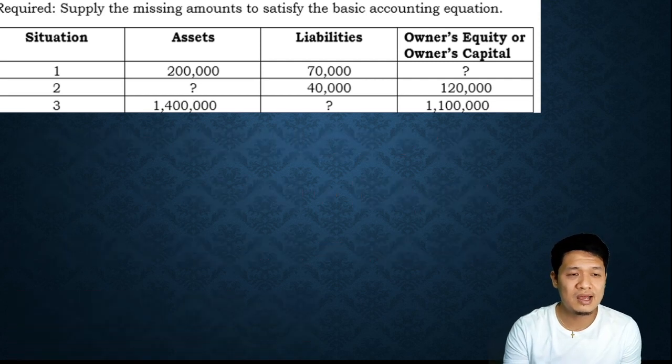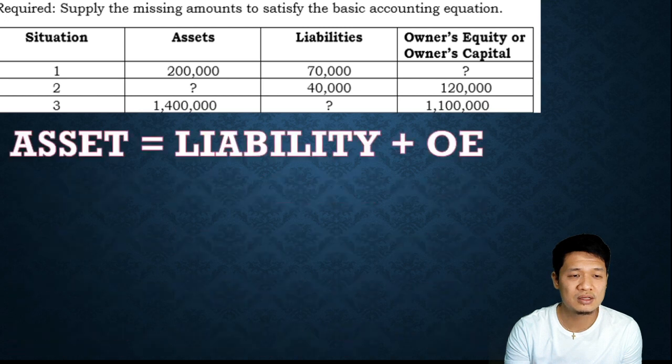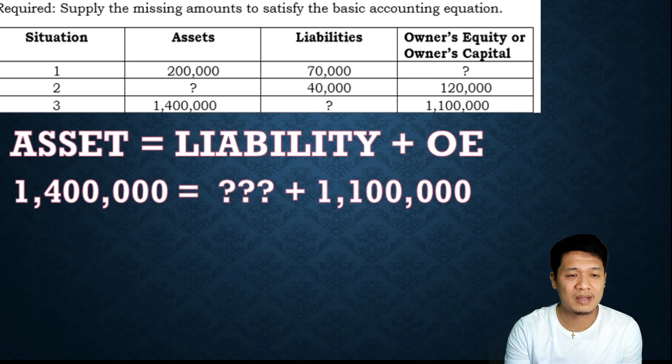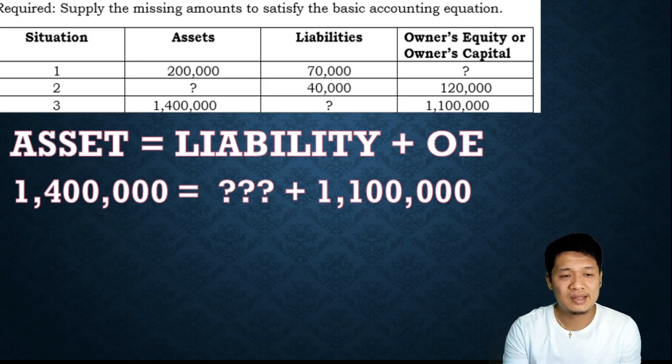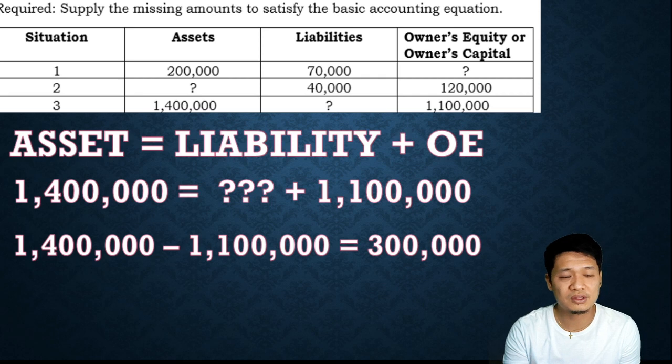And for our last example, this time we have the asset worth 1.4 million. Liability is unknown. Owner's equity, we have 1.1 million. Applying again the accounting equation, we have asset 1.4 million is equal to question mark for liabilities plus 1.1 million for owner's equity. So to get the liability, we simply deduct the owner's equity from the asset.